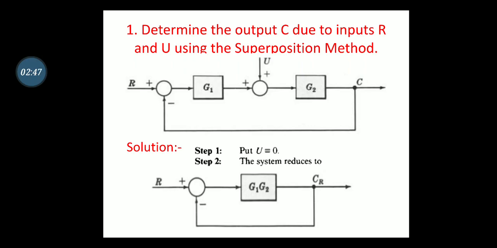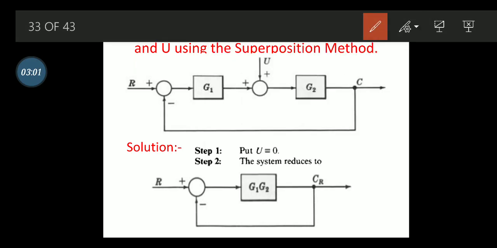Now let us consider one example. Determine the output C due to inputs R and U using the superposition method. Here the given block diagram consists of two inputs, U and R. We need to consider a single input at a time by setting the other input equal to 0, and calculate the output response.